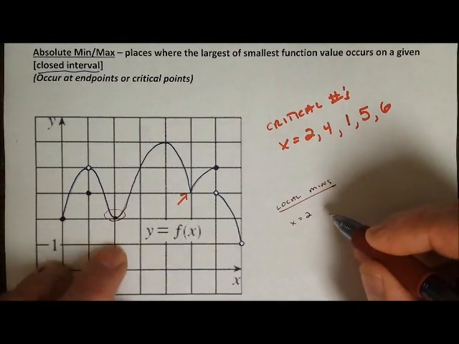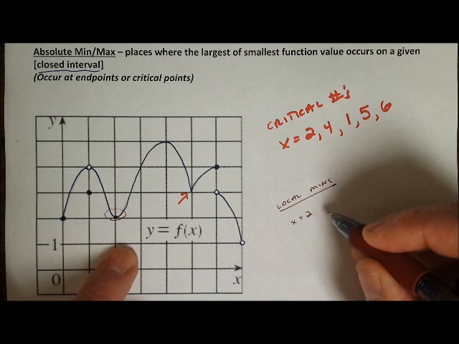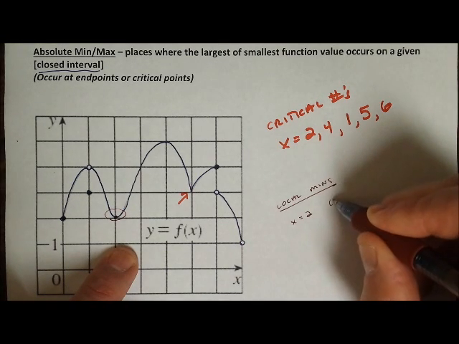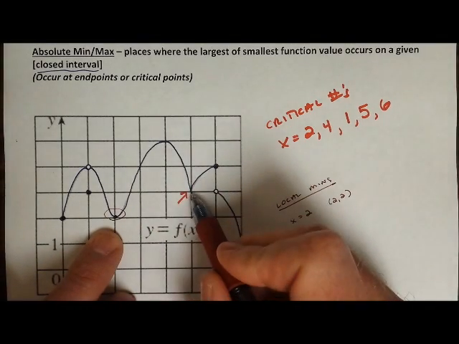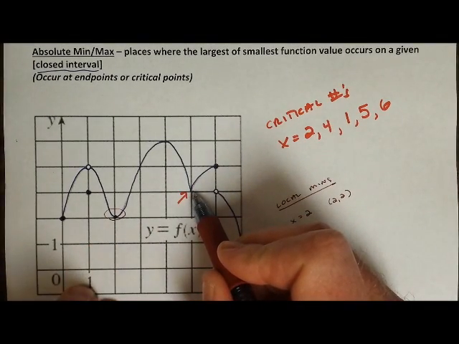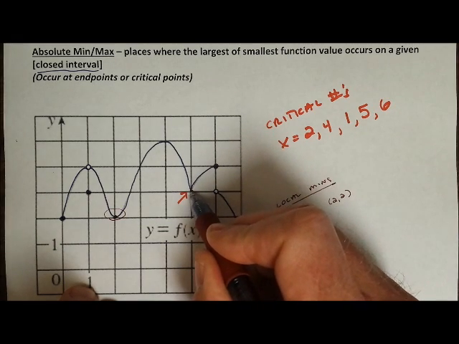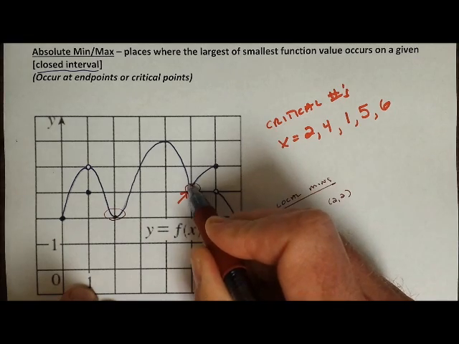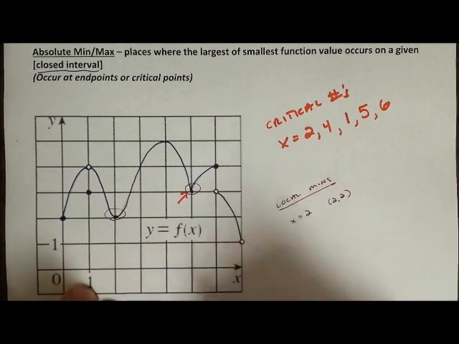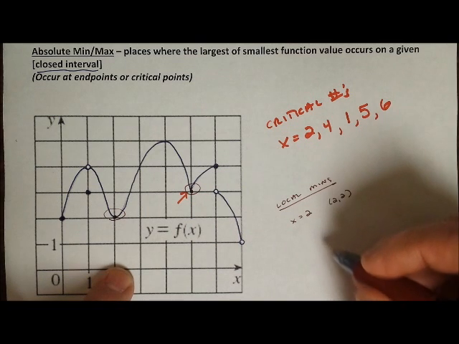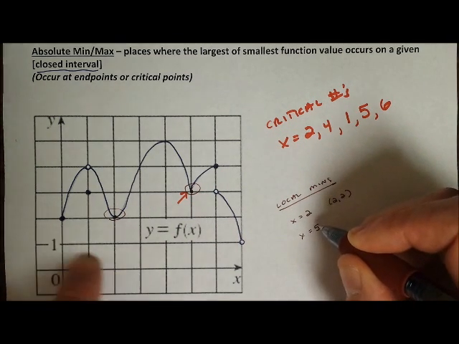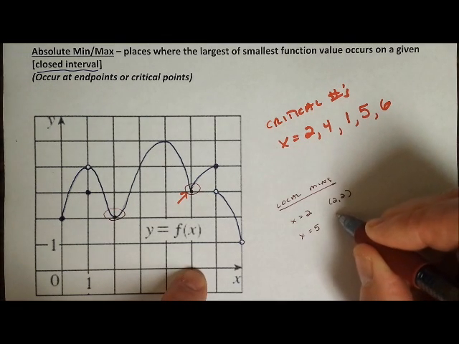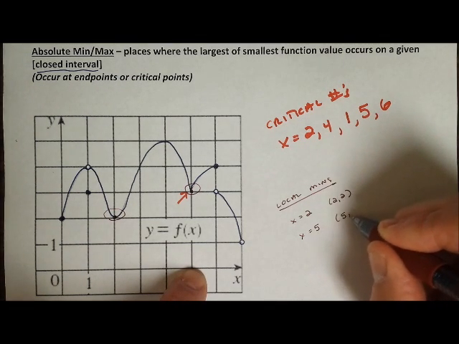If we wanted to go into more detail, we would say that has the coordinates (2, 2). Our next local minimum is right here. Even though it was a point of non-differentiability, it is the lowest point when you compare to all the other points around it. So here's another local minimum, and that would be when x is 5, at the coordinates (5, 3).